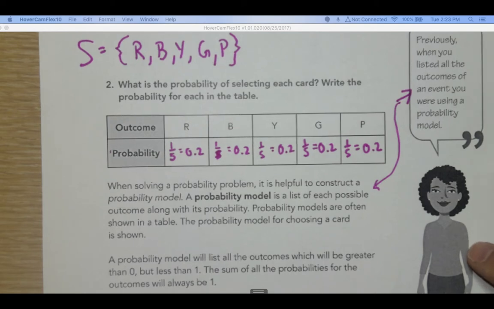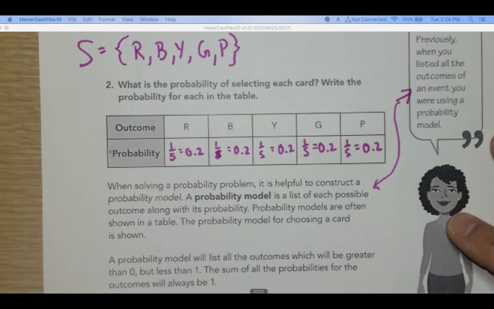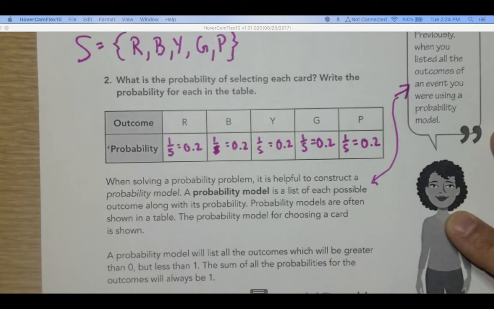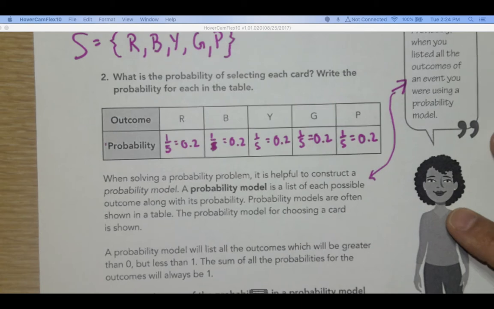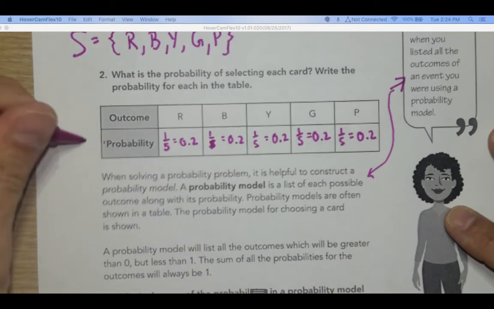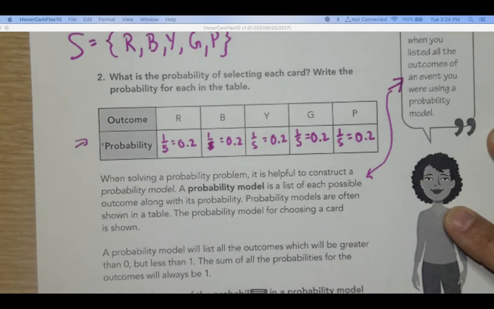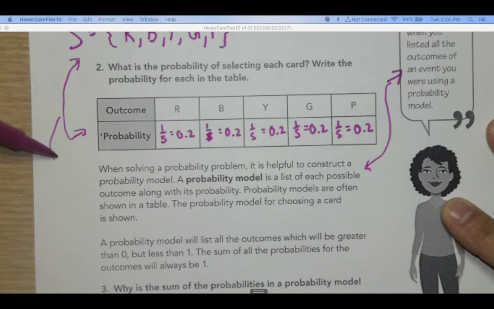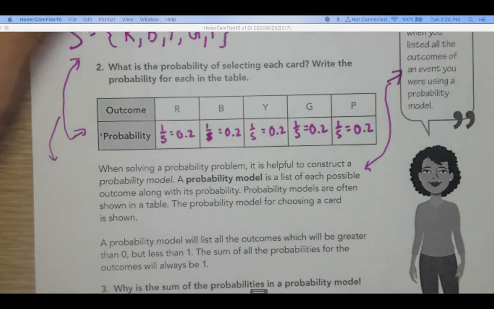A probability model is a list of each possible outcome along with its probability. Probability models are often shown in a table, kind of like right here. The probability model for choosing a card is shown. So this right here is a probability model for the card situation.